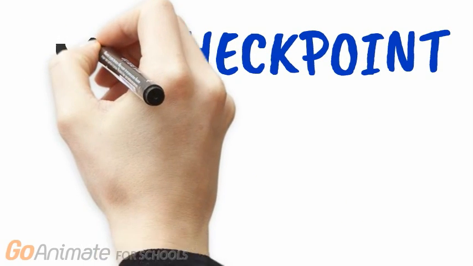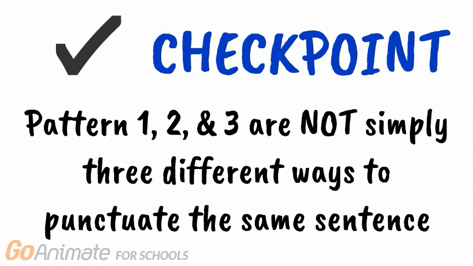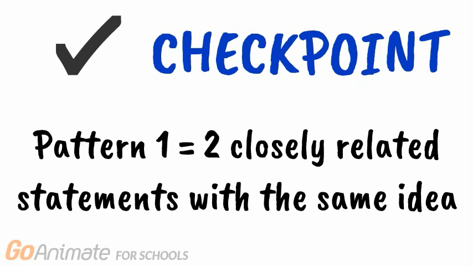Now that you have learned all three of the compound constructions, notice the differences among them. Patterns 1, 2, and 3 are not simply three different ways to punctuate the same sentence. The words must perform different functions. The sentences must do different things. Pattern 1 must make two closely related statements about the same idea, statements you do not want to punctuate as two separate sentences.